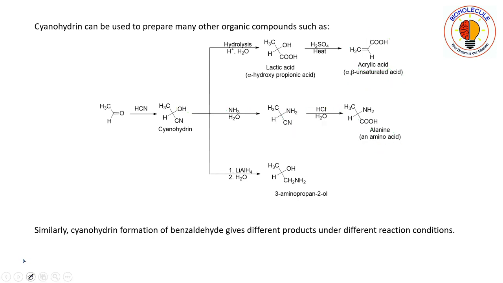so now moving on to further reactions, if we reduce this cyanohydrin with lithium aluminum hydride, this cyanide group, CN, C triple bond N, if we reduce this one, what we will get is CH2 bond NH2.